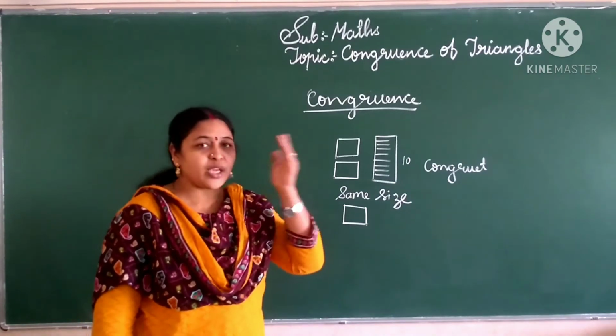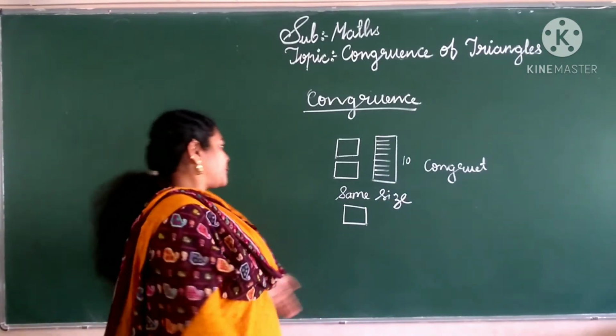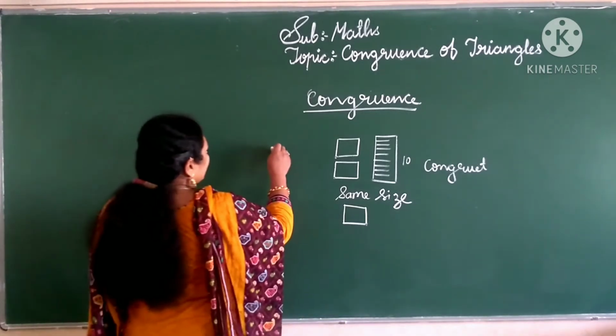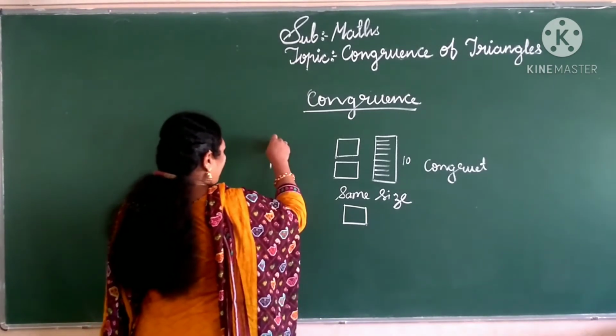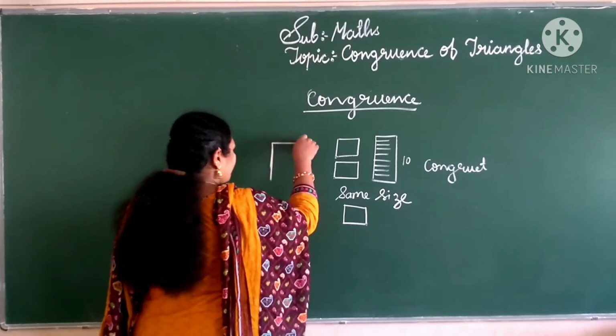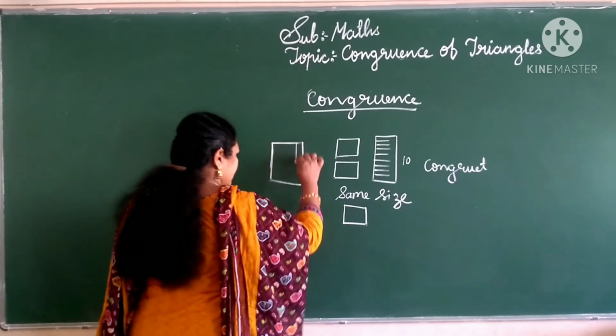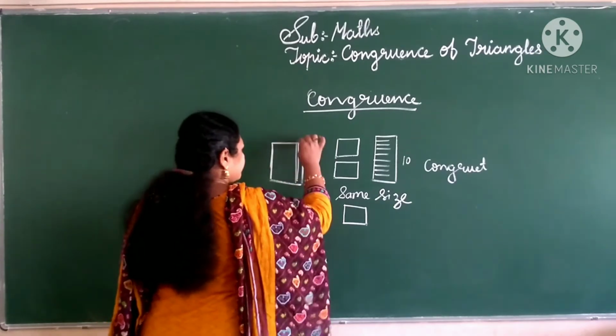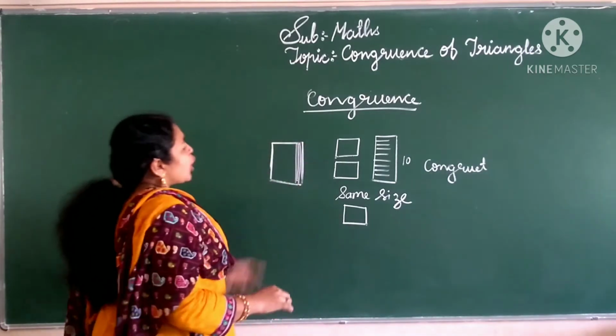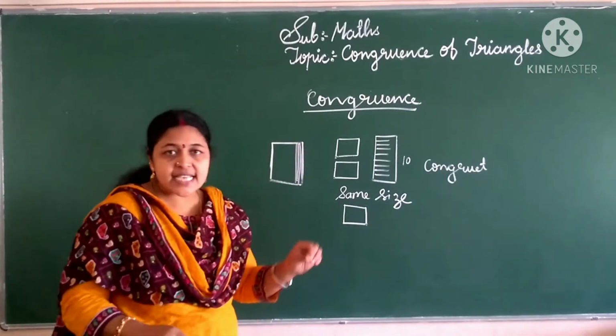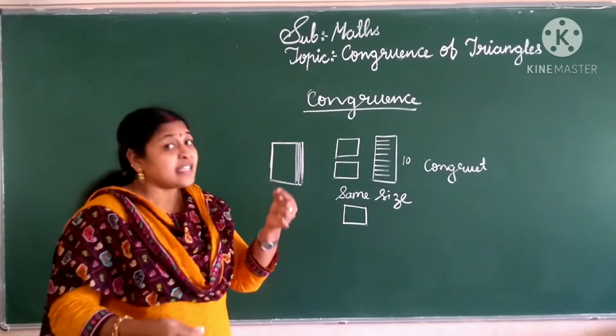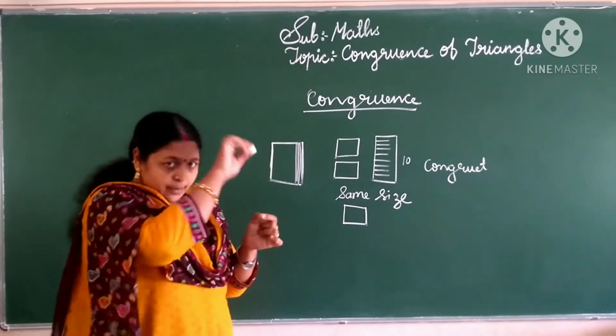Am I able to make you understand? Of course. Or take all the papers of your exercise book. All the papers are of the same size, same thickness and same breadth.